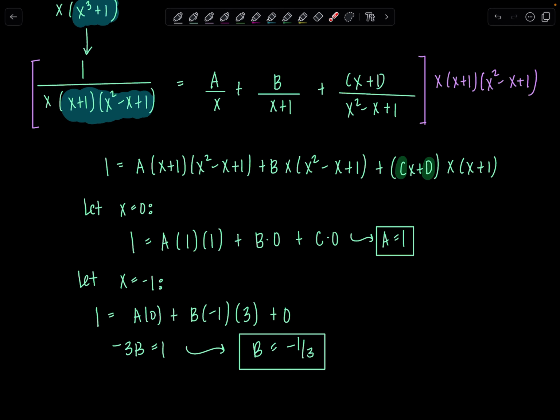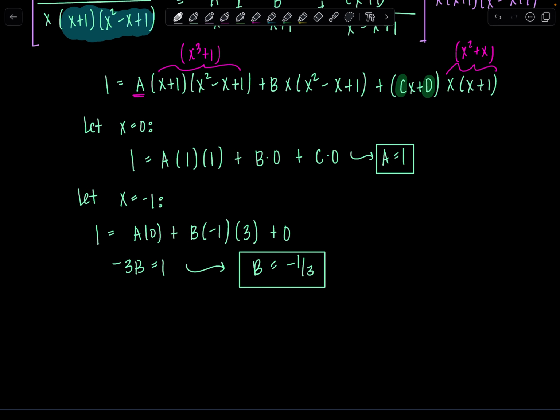Now, be kind to yourself. x plus 1 times x squared minus x plus 1, that's x cubed plus 1, right? So I just have to multiply A by x cubed plus 1, and then this is also x squared plus x. So just to make the multiplying easier.